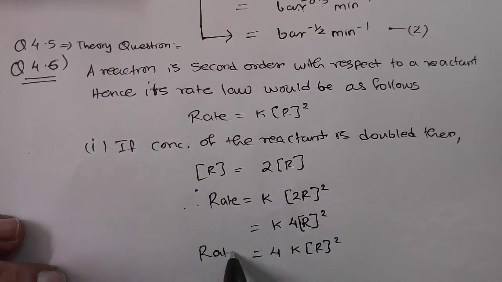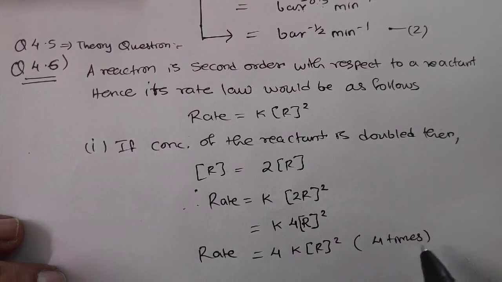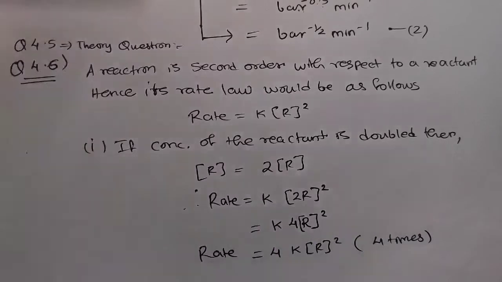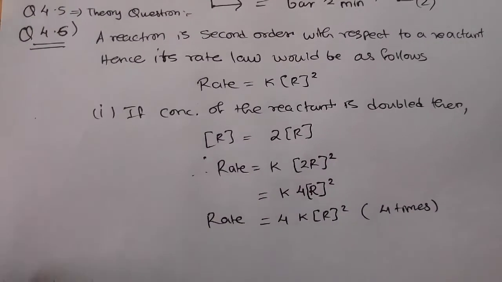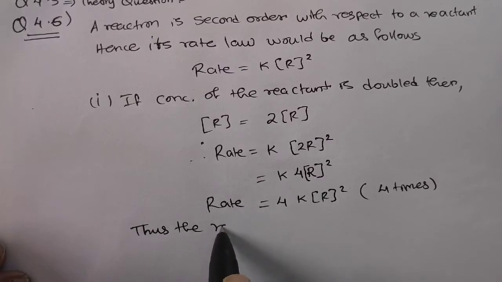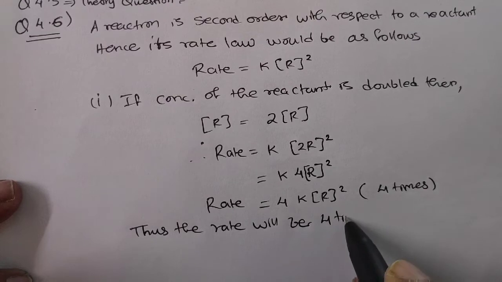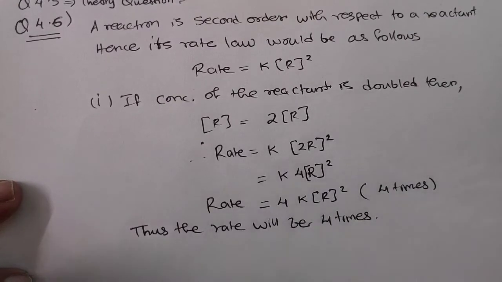So the rate will be 4 times. Thus you can write down the conclusion: the rate will be 4 times if it is doubled.